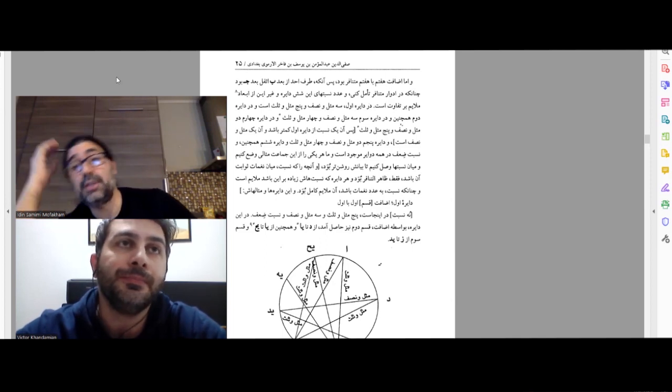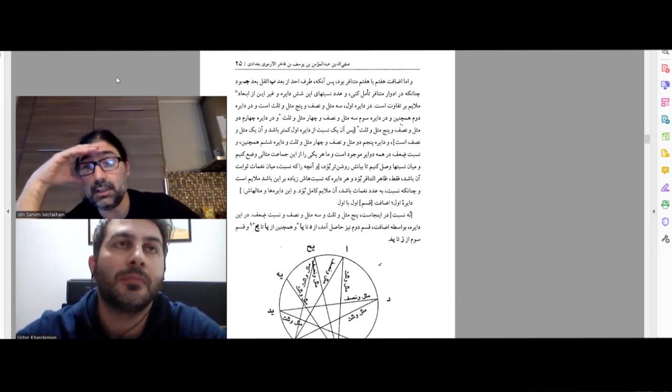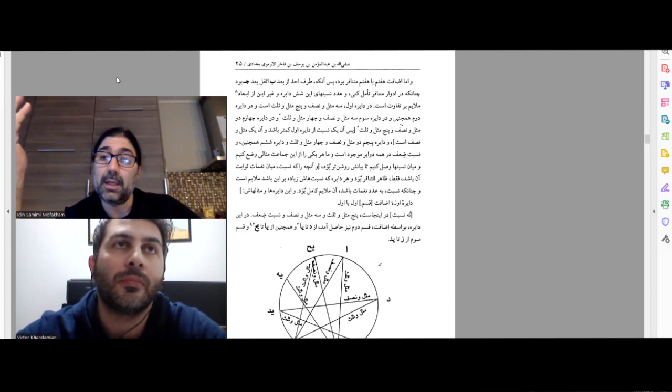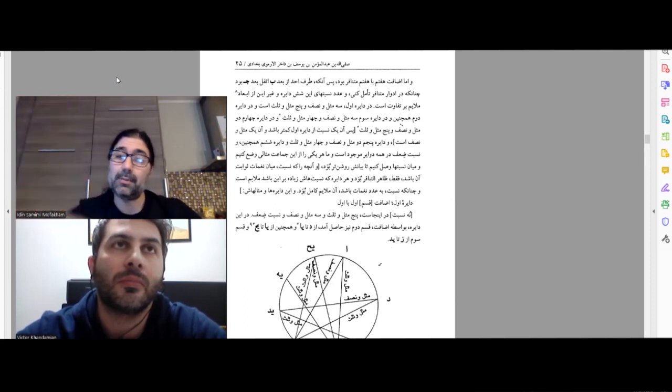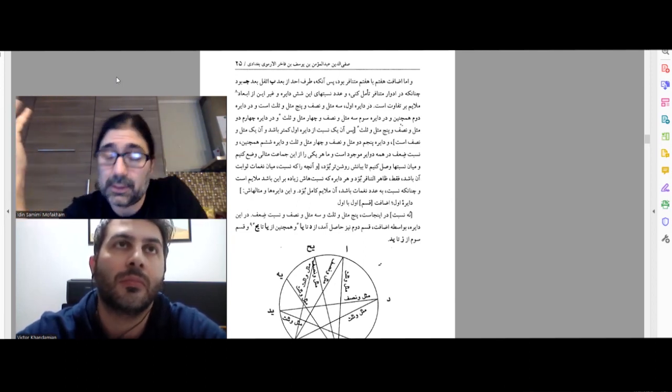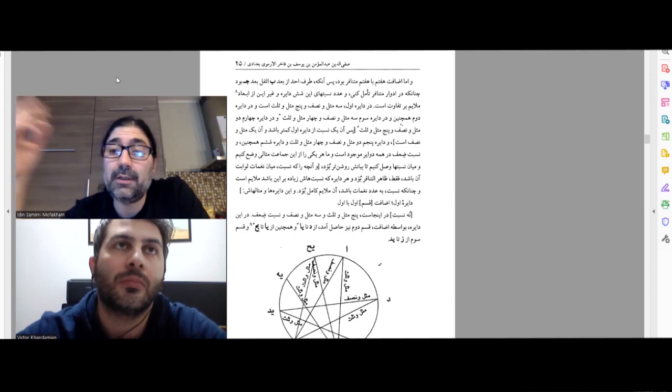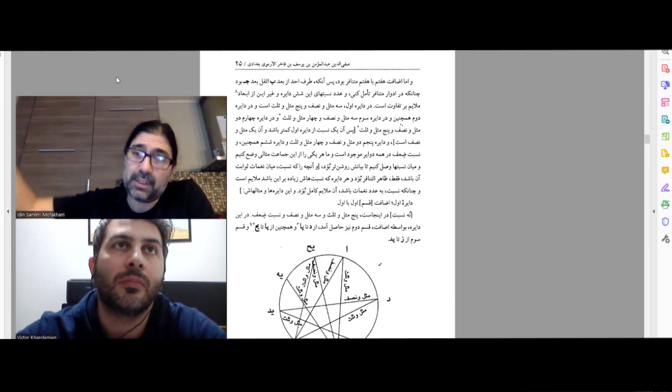If you know ancient Greek music theory, Pythagoras believed in the relation of the harmonies between the instrument and the stars. So it's not a new thing. It goes back to the ancient Greeks, and even before that.